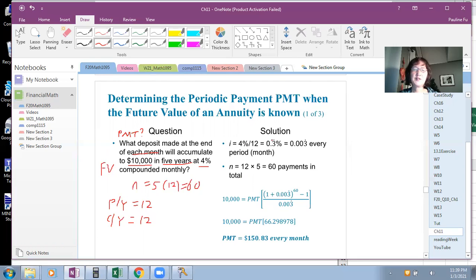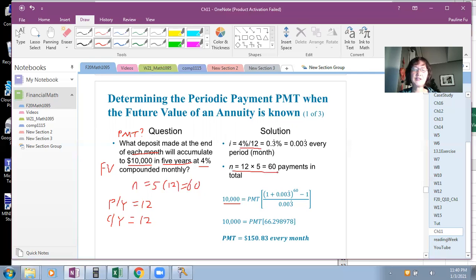This actually uses the future value formula: FV equals PMT times 1 plus I raised to the power n minus 1, over I. You just plug in I, which is 4% compounded monthly, so divided by 12.